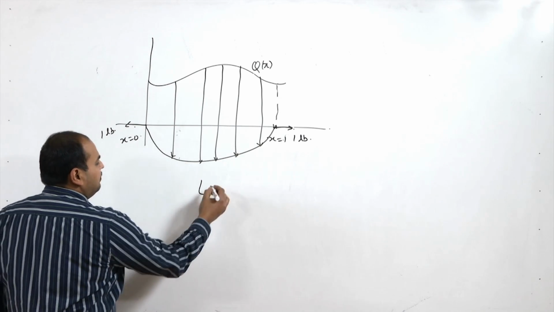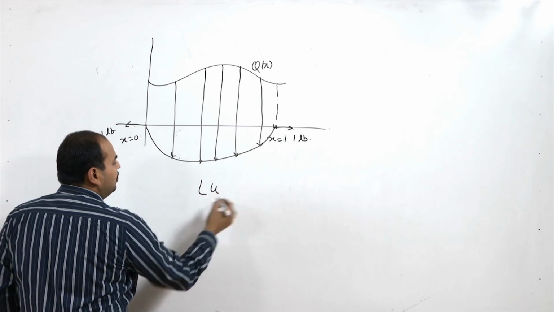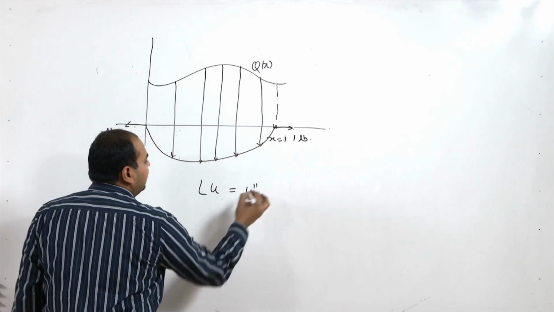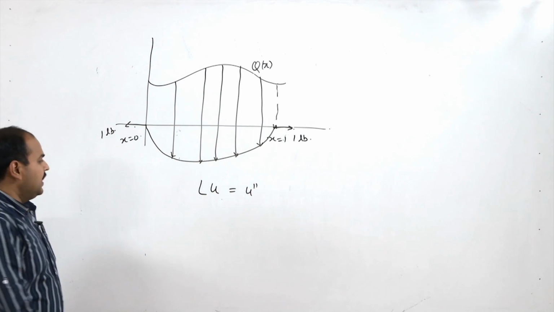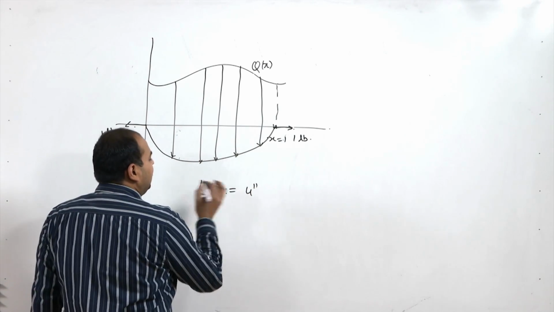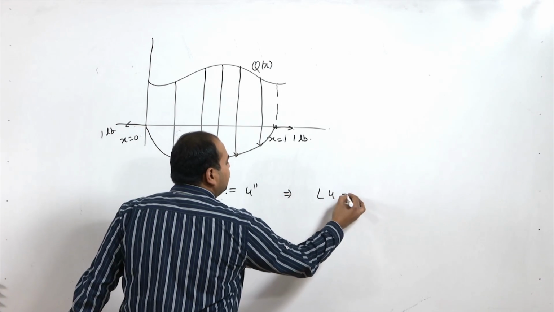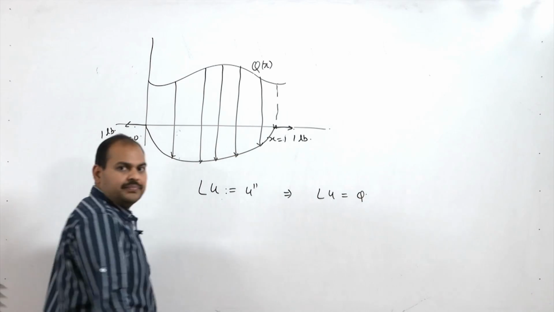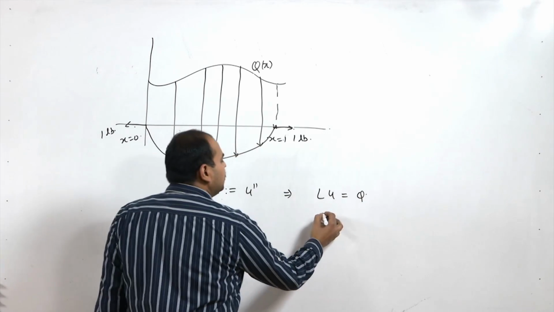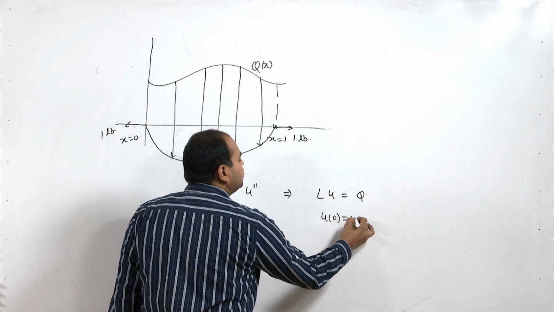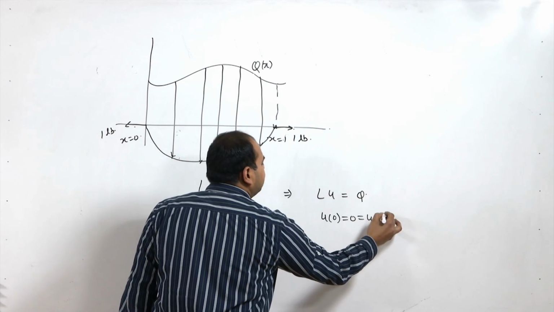Here we have this L of u, which we may define as u''. When we define Lu as u'', then this problem is given as L of u equal to phi, with the condition that u(0) = 0 = u(1).